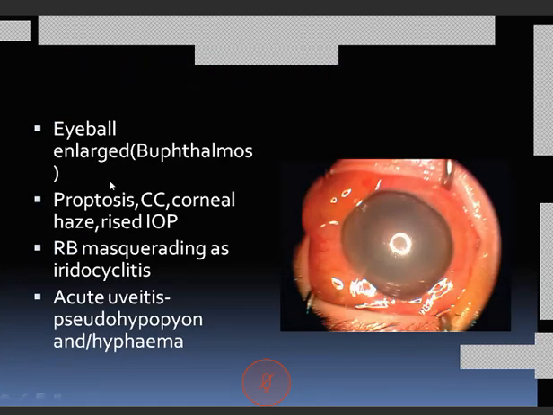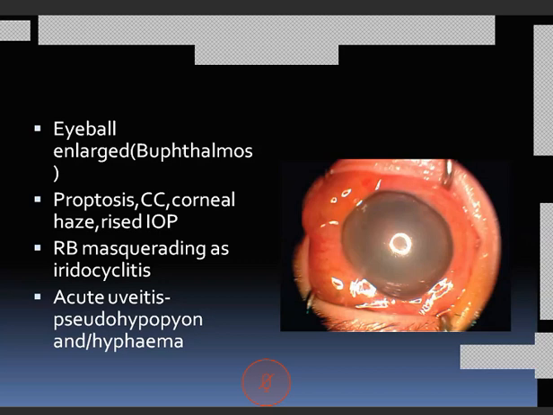That is secondary glaucoma. Then on examination, the eyeball enlarges. When the eyeball enlarges, that is known as buphthalmos. If the child is less than 3 years of age and there is elevated intraocular pressure, then the anterior part of the globe enlarges in size.